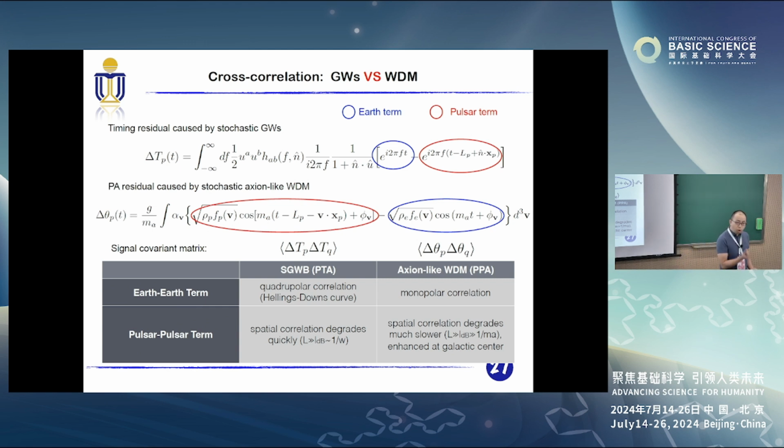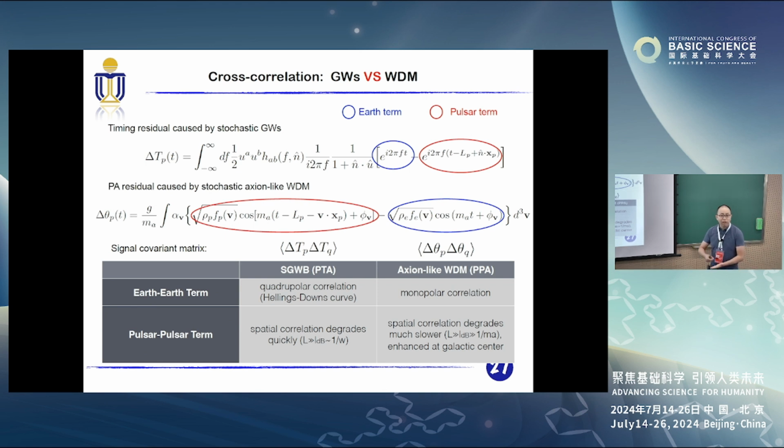So the de Broglie wavelength is about 3 orders longer than its Compton wavelength. So for nano-Hertz wave-like dark matter, the de Broglie wavelength is about hundreds of parsecs or even longer.